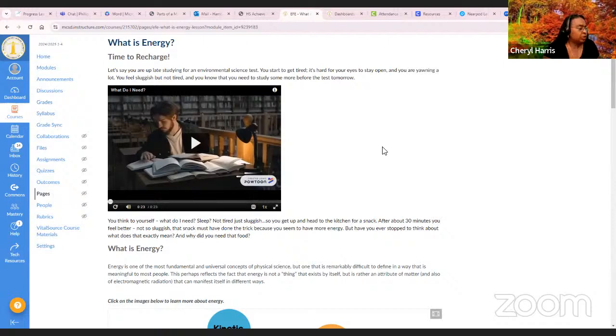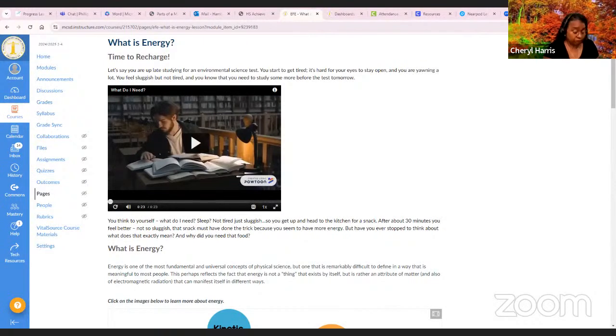Basically, it said you needed food for energy. So you're going to eat. The reason you eat is because your body needs energy. All of your life cycles while you're sleeping, your body is growing, repairing, it's doing a lot of things, and all of those activities need energy.